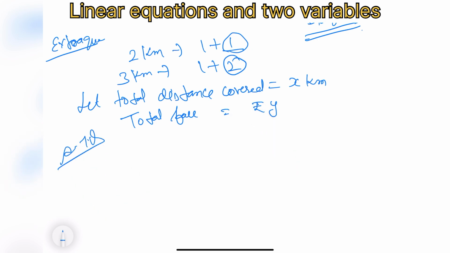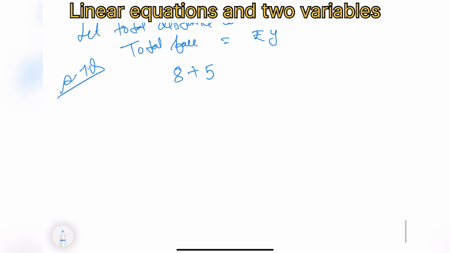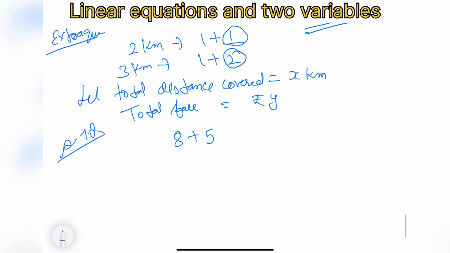According to the question, the fare for the first kilometer is 8 rupees, and for the subsequent distance it is 5 rupees. So the first kilometer is fixed, so that is 8 rupees plus 5 into (x minus 1). Why minus 1?